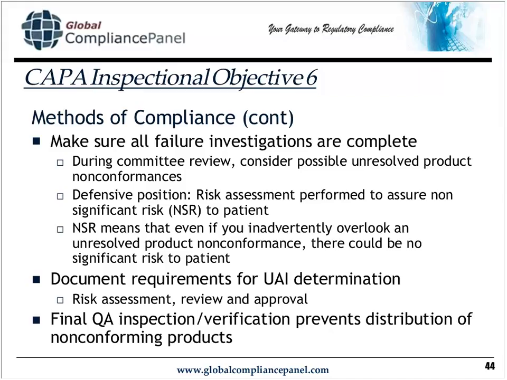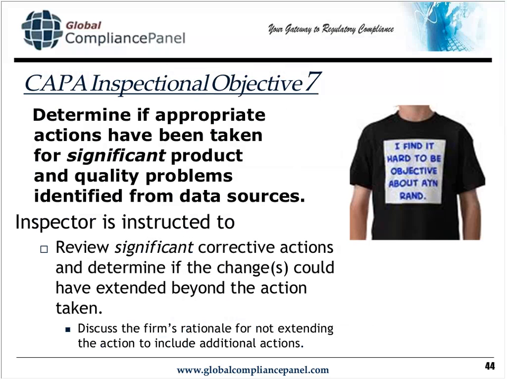Some firms have a test department that does their final evaluation. If you have some type of final evaluation of your product, you can say that that prevents distribution of nonconforming products. Everything you have is tested, or at least perhaps the lot is sample tested per the ANSI sampling standard. That's how you prevent this type of distribution.